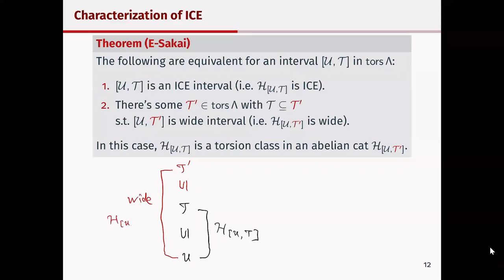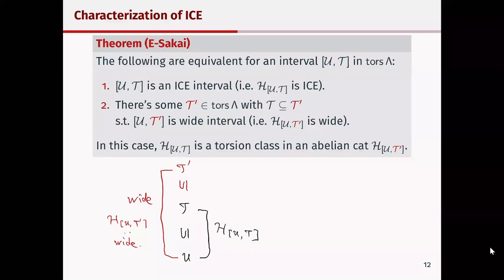It means that H_UT' is a wide subcategory. And moreover, in this situation, the subcategory H_UT is actually a torsion class in the abelian category H_UT'.